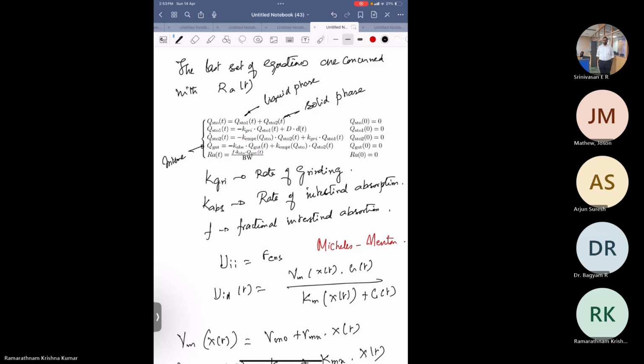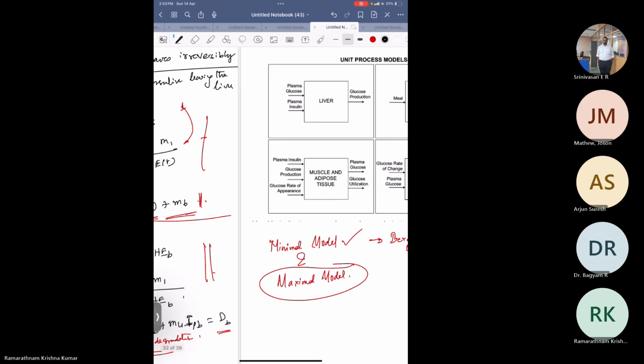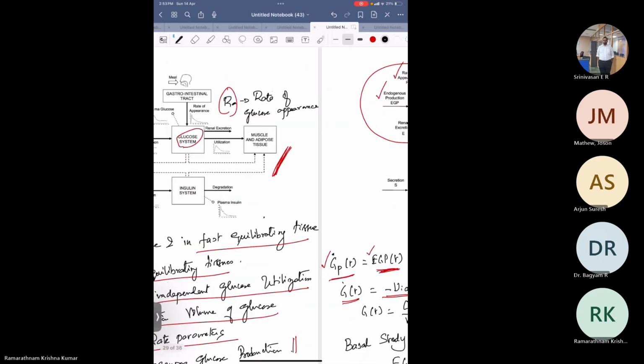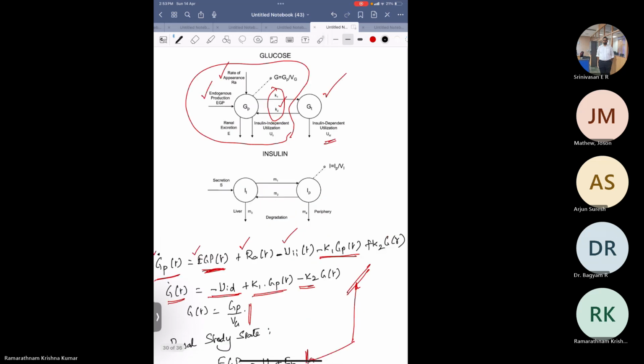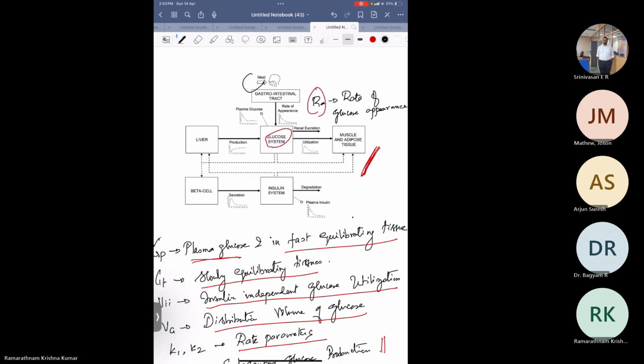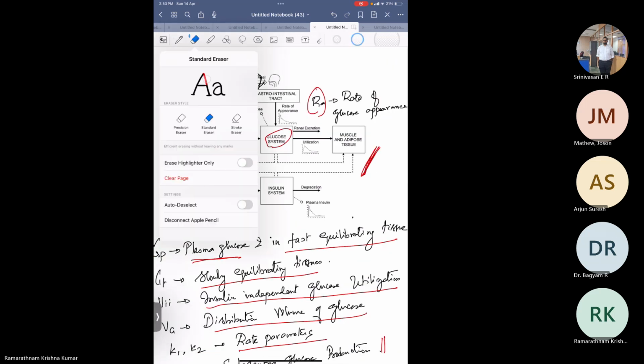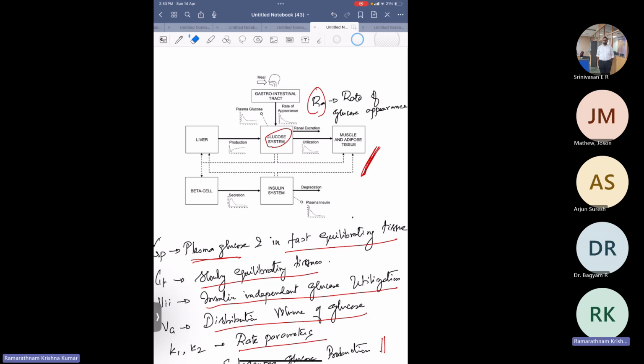Okay. So now our job is, coming back to this, given a meal, how do I convert that meal into glucose appearance in plasma?